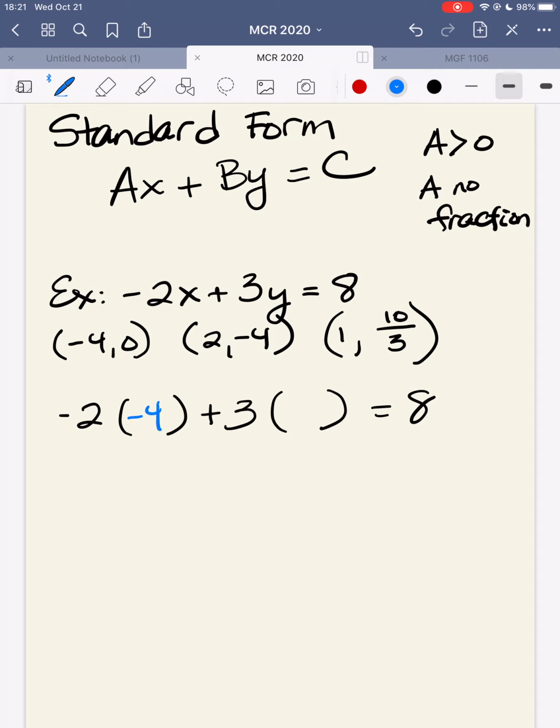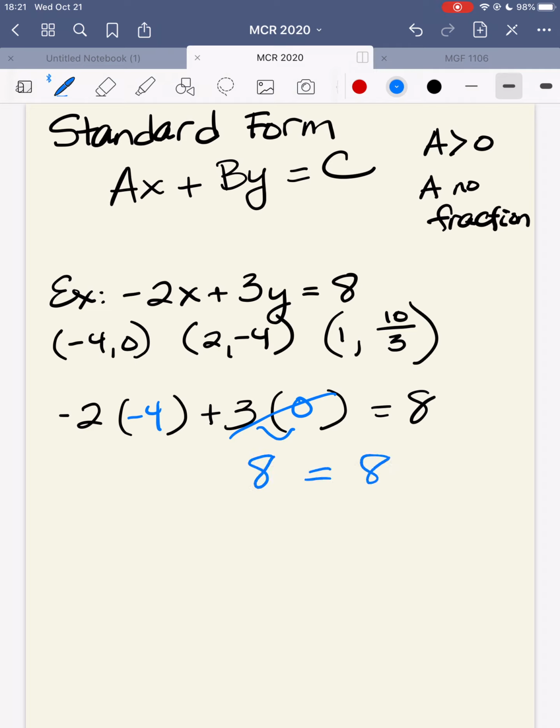This is why I keep the parentheses, so I make sure it is multiplication and not subtraction. And y is 0. Okay, so in this case, 3 times 0 is 0, so this is going to cancel out. This leaves you with -2 times -4, which is a +8.